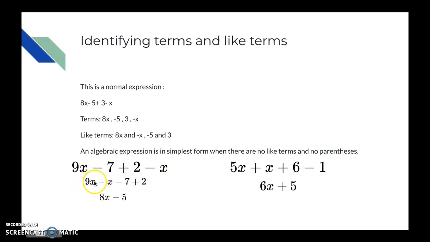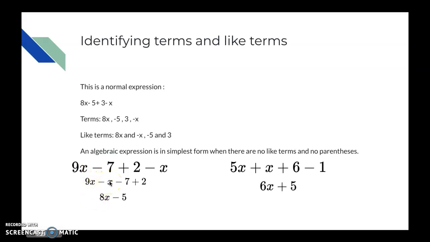So 9x minus x. And then we have minus 7 plus 2. You just push it a bit behind to make room for the negative x. Now we have it all in order, everything set to make it simple. So now we have to solve it. 9x minus x.